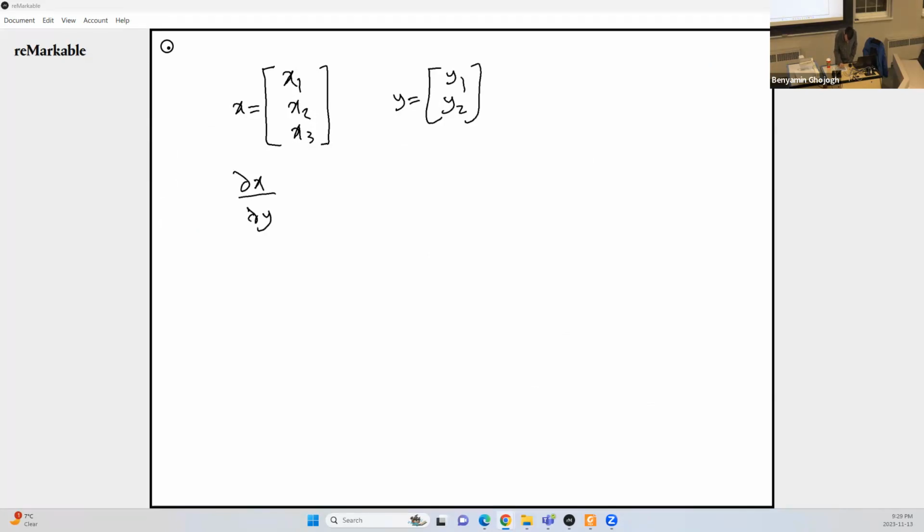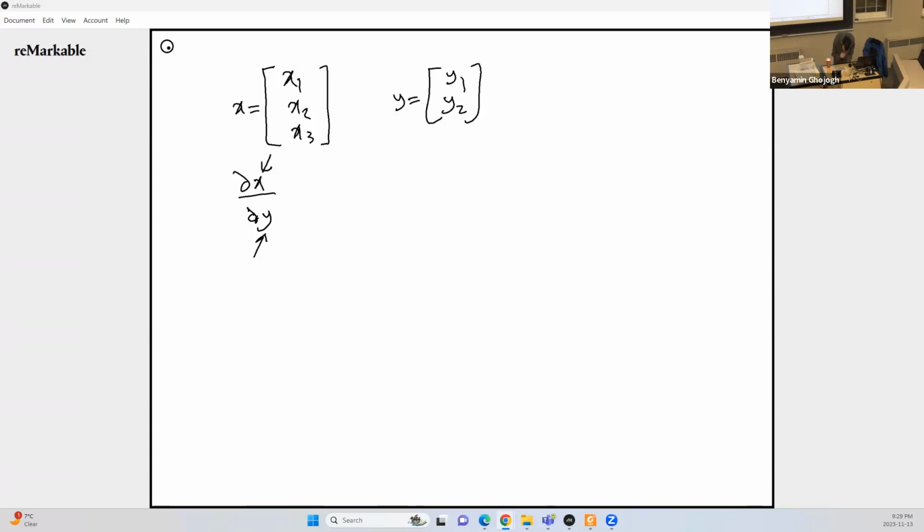How do I calculate this numerically? Using the definition from high school. If I change y, how much does x change?